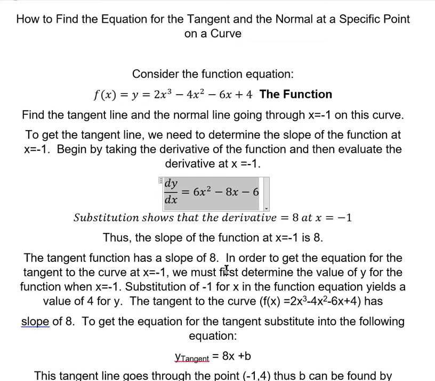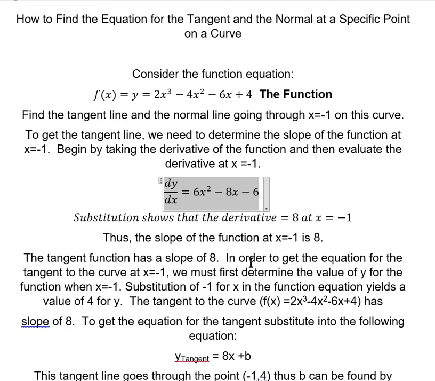In order to get the equation for the tangent at the point x equals minus 1, you want to determine the value of y at that point. So you substitute minus 1 in for x in this equation, and you will see that you'll get 4. All right? So you can do this on your own. Minus 1 for x, and you'll get 4.